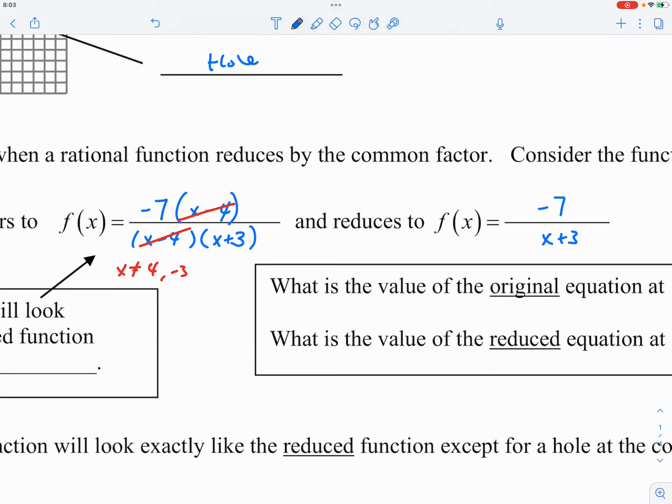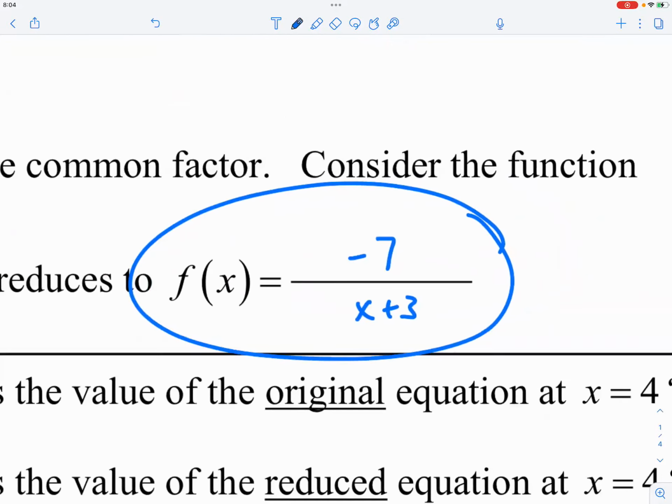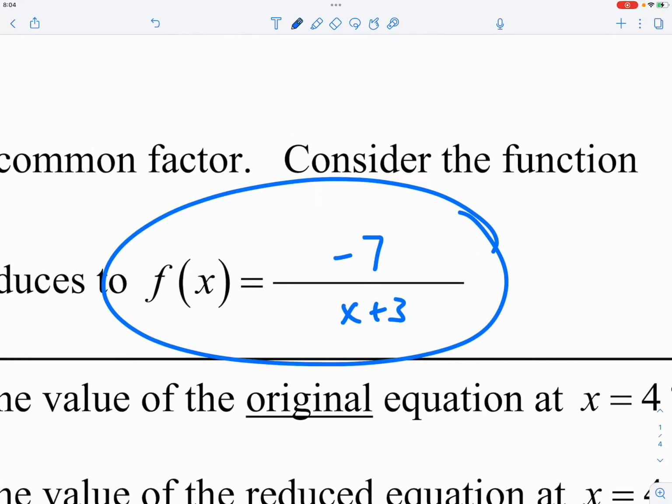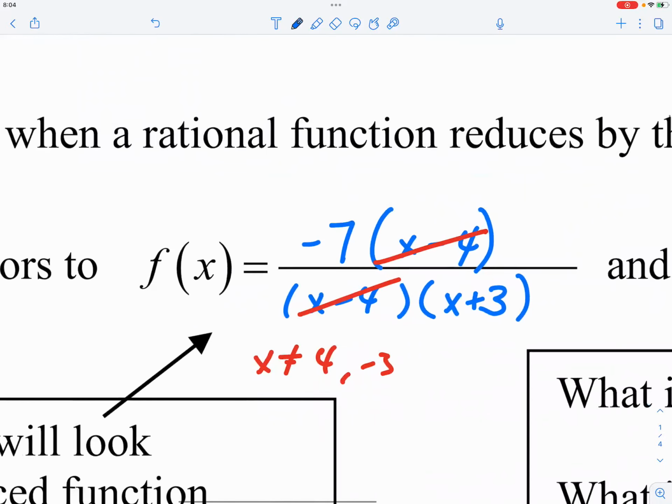Now, let me ask you this question. If you just look at this, is it okay for x to be 4? It doesn't make it undefined, right? But if you look at this before we cancel it out, could x be 4?